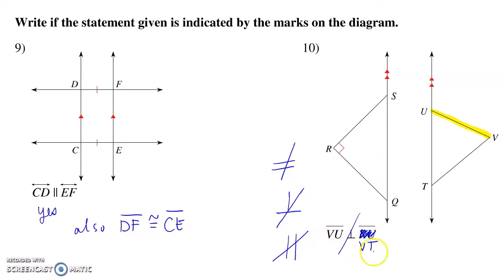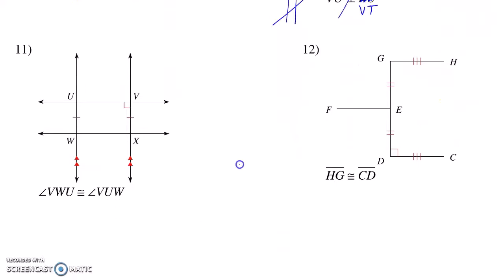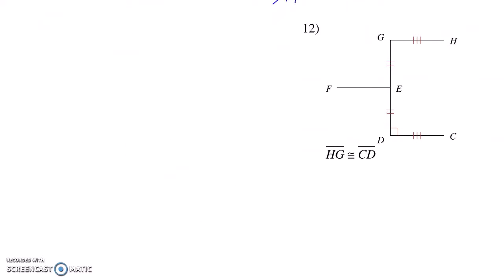So no, we don't have a way of knowing that VU is perpendicular to VT, but we do see right here that RS is perpendicular to RQ, or that angle SRQ is a right angle. Skipping number 11 because it really goes beyond what our curriculum is at the moment.